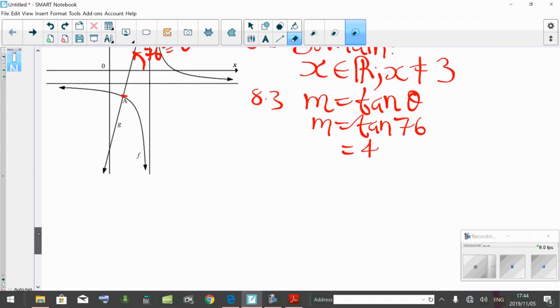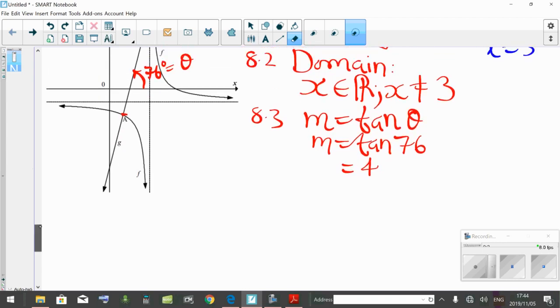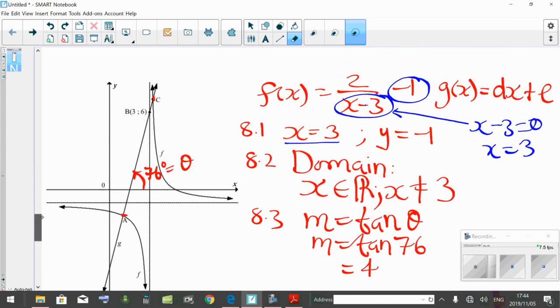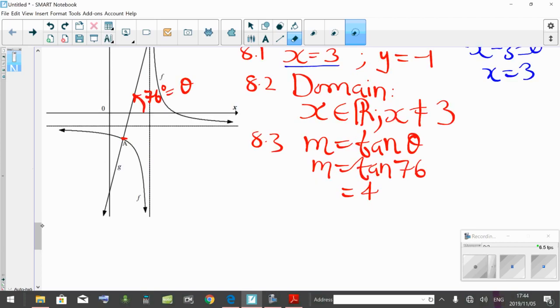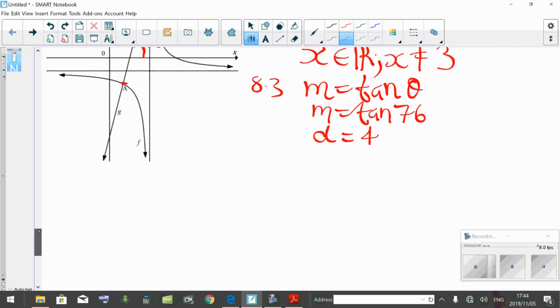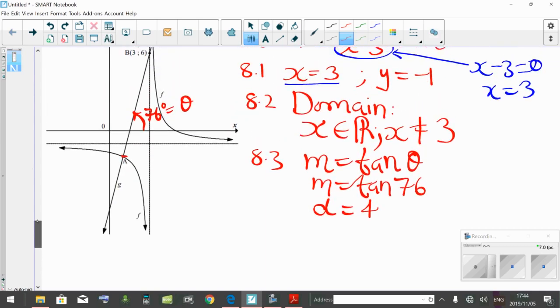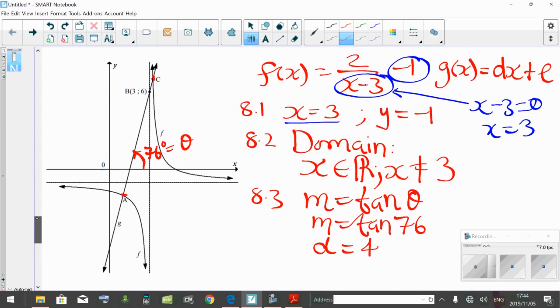From this point now, remember an equation of a straight line is y is equal to mx plus c, even though in this case they gave us dx plus e. So our answer here that we got, which we call m, is in actual fact d. So from here now, we look for an additional point which we can use.